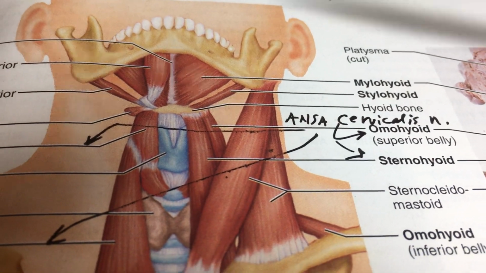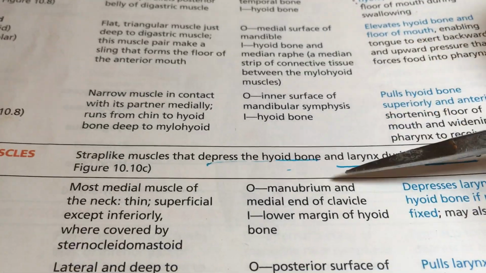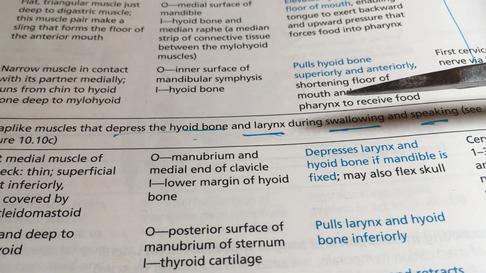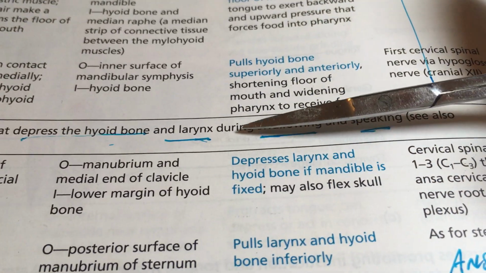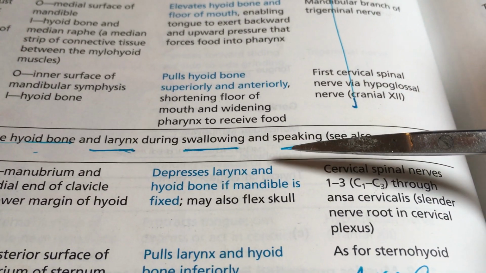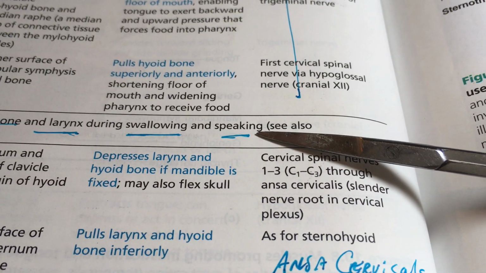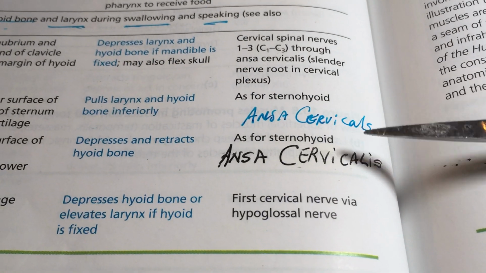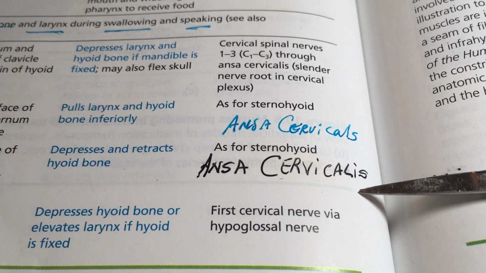We can see all the muscles that end on the hyoid bone. Then we move on to the infrahyoid, and here again we have groups of muscles. They're mostly strap-like muscles, and their job is to depress the hyoid bone and the larynx during swallowing. When you're speaking, these muscles are even more in use. The general nerve innervating this is the ansa cervicalis.